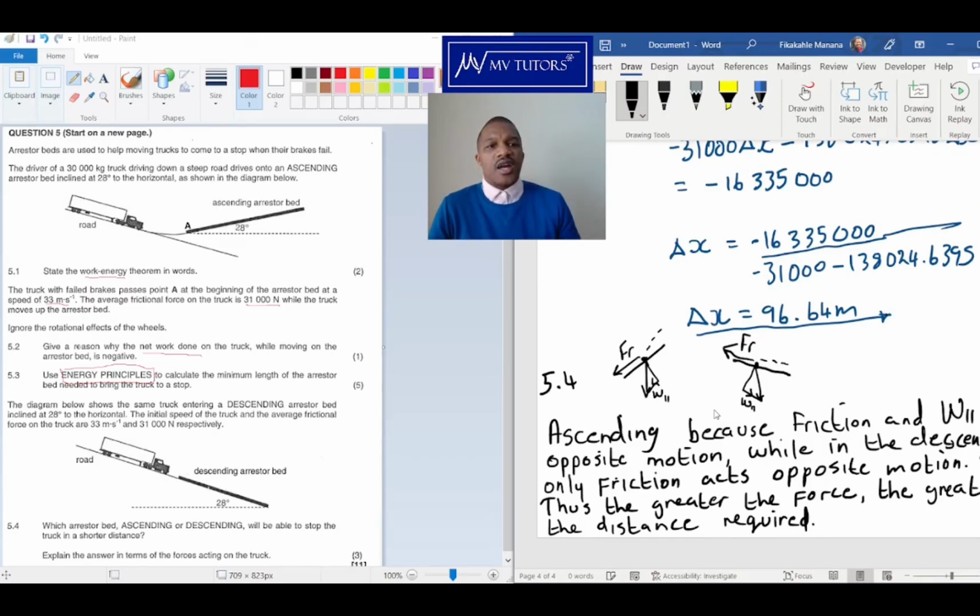So this is the force acting on the direction of motion. The greater the force on the direction of motion, the greater the distance required for the truck to actually stop. That's it. That's all we have to say.